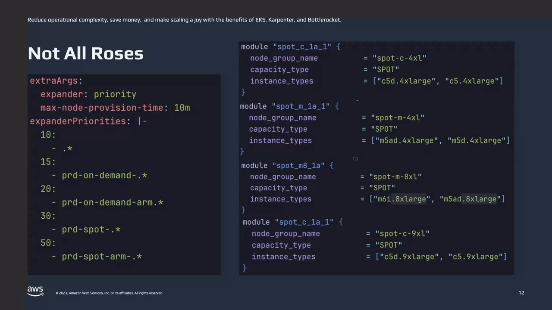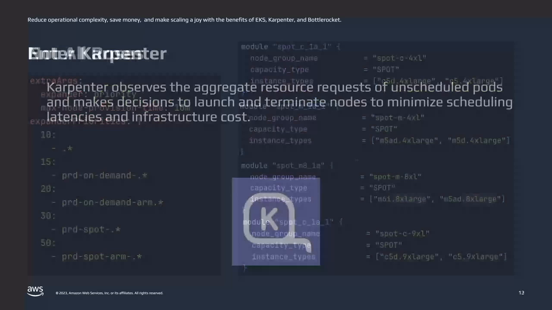And then if it was unable to do so within the max node provision timeout, it would fall back to the lower priority node groups that included on-demand. So this handles seamlessly falling back to on-demand when spot capacity is unavailable, but there is a delay in doing so. And in the end, this just felt really clumsy and time-consuming to manage. Definitely seemed like there had to be a better way.